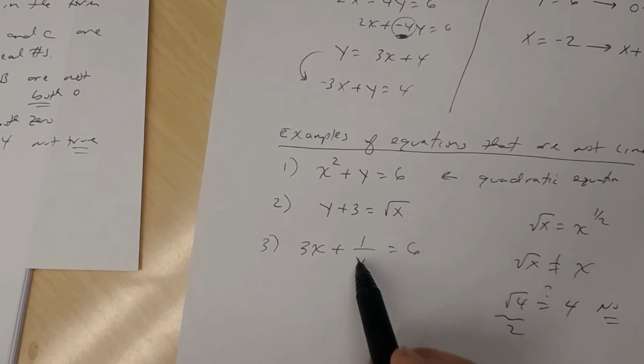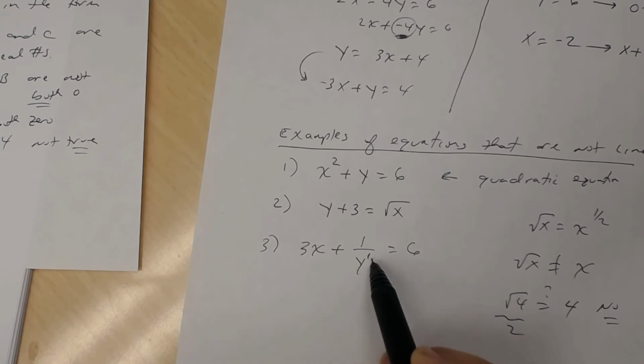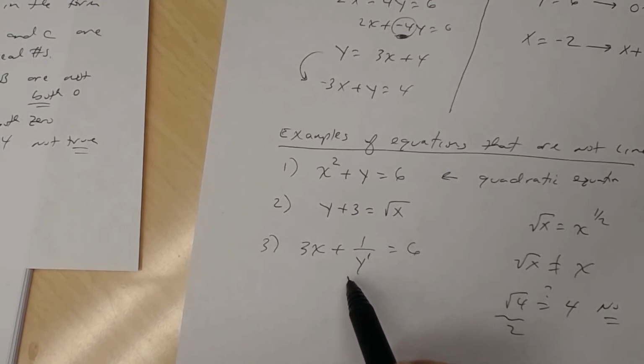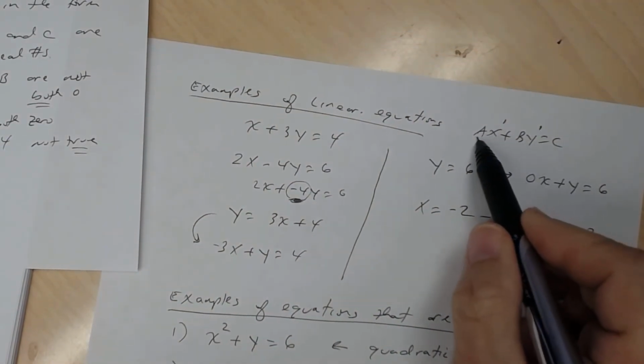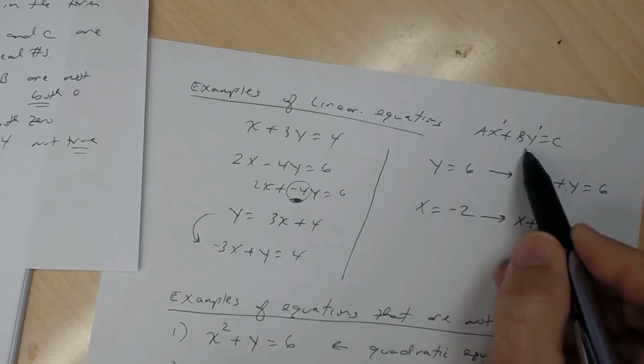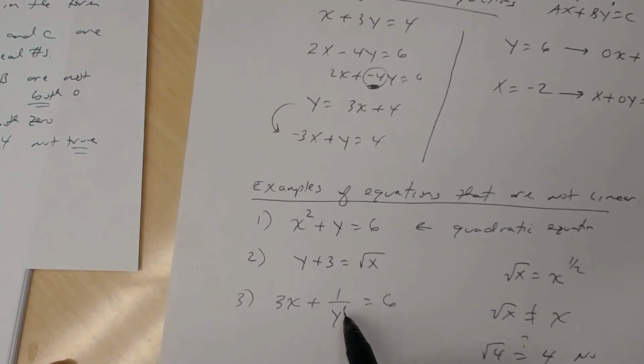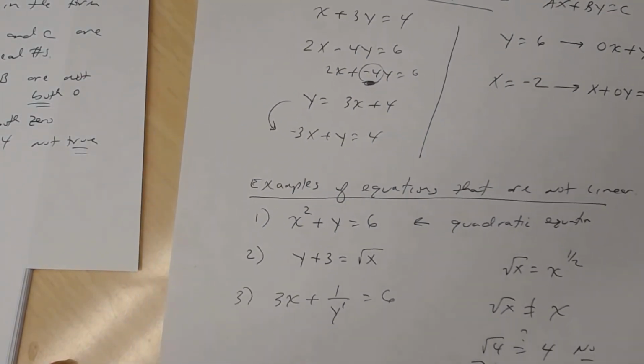You may say, well, that's y to the first. Yes, it is y to the first, but the variable cannot appear in the denominator. If you go back over here, this is ax divided by 1 plus by divided by 1. Notice that the variable y is in the denominator.